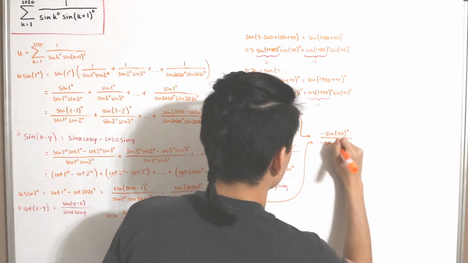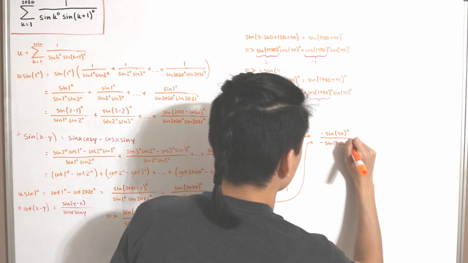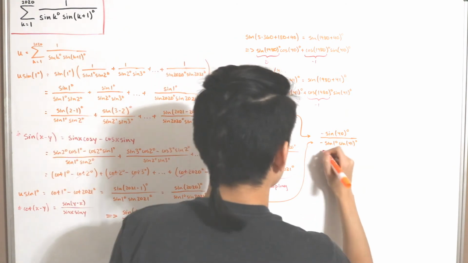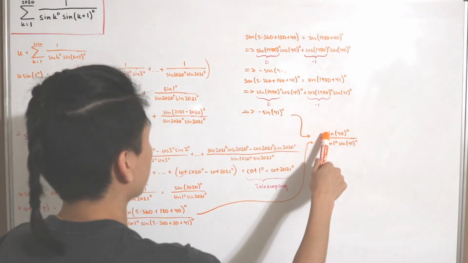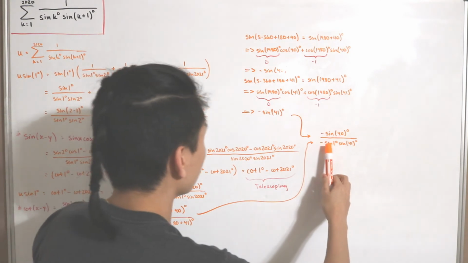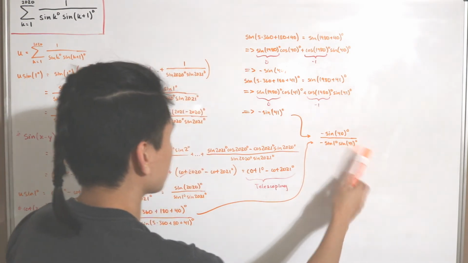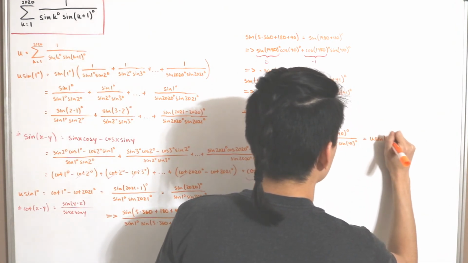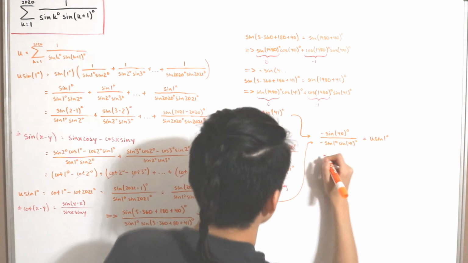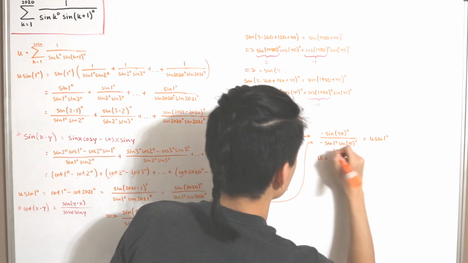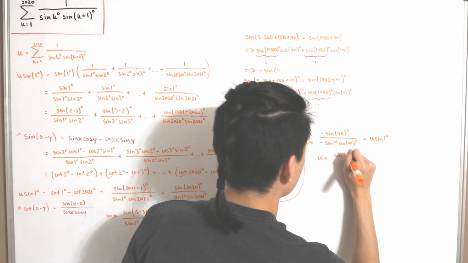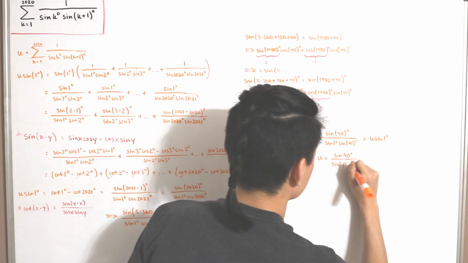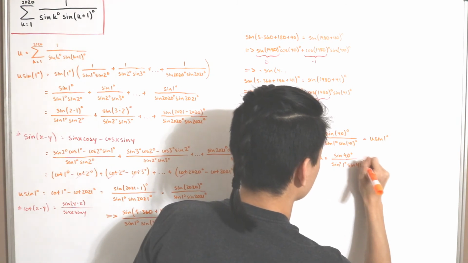So negative sine of 1 degree times sine of 41 degrees. Then the negatives cancel. So we have sine of 40 degrees equals sine of 1 degree multiplied by sine of 41 degrees times u. We divide both sides by sine of 1 degree, so we get that u is equal to sine of 40 degrees, divided by sine squared of 1 degree multiplied by sine of 41 degrees.